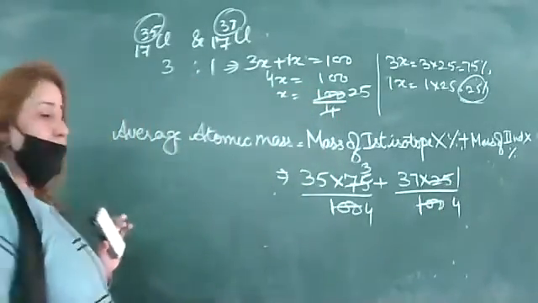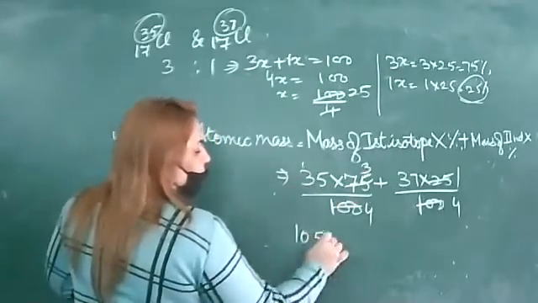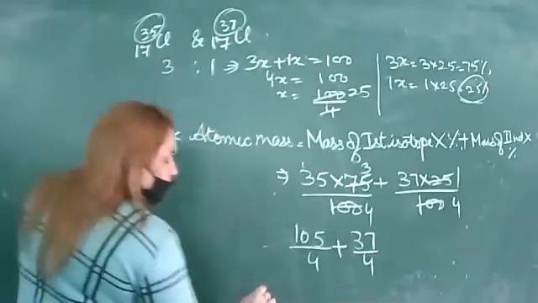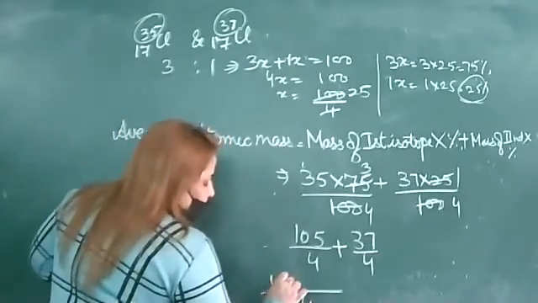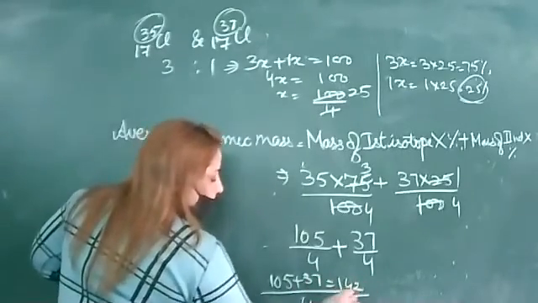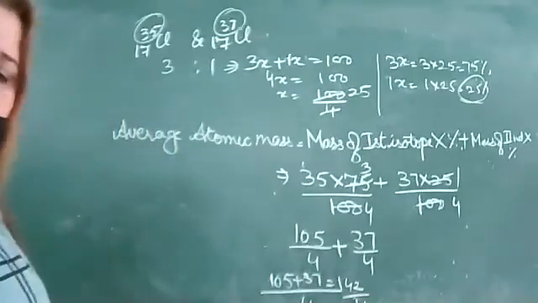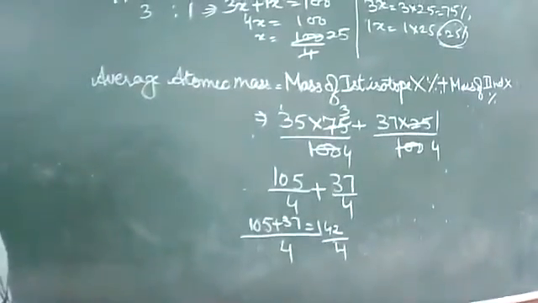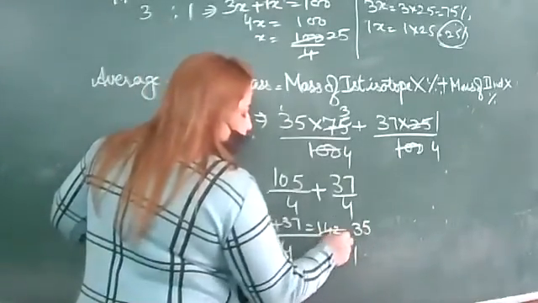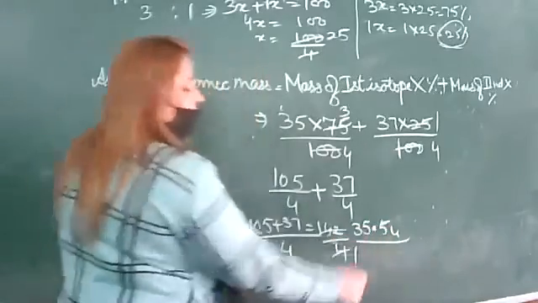Now 3 fives are 15, 3 threes are 9, that is 105 divided by 4, plus 37 divided by 4. 4 is the LCM. 142 divided by 4 is 35.5.